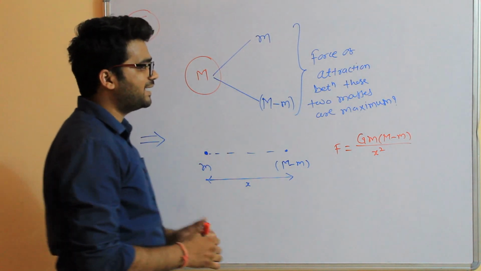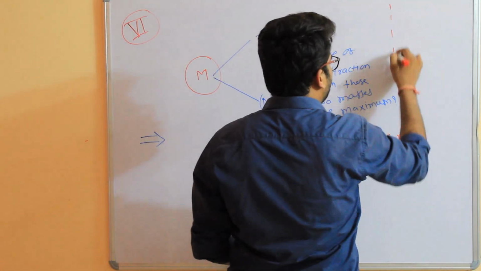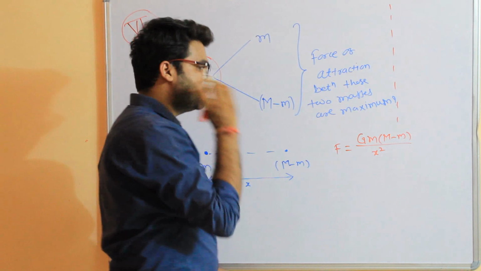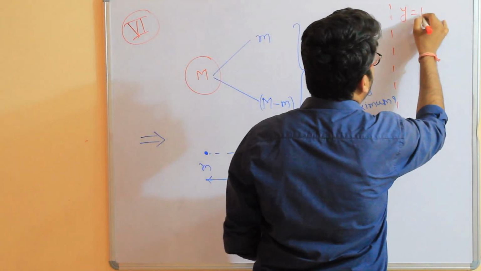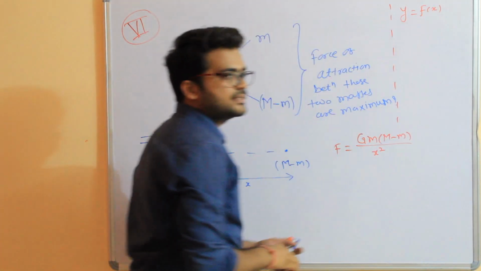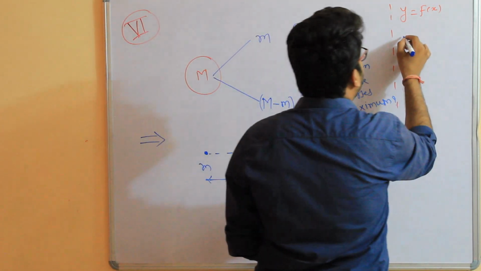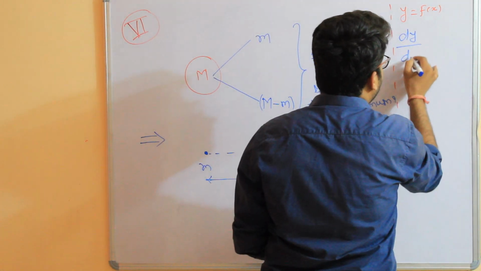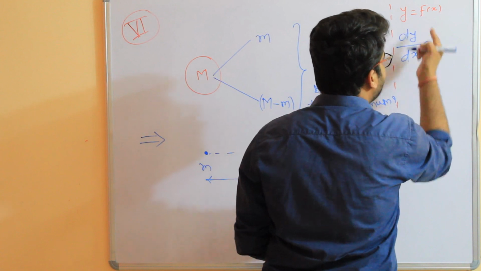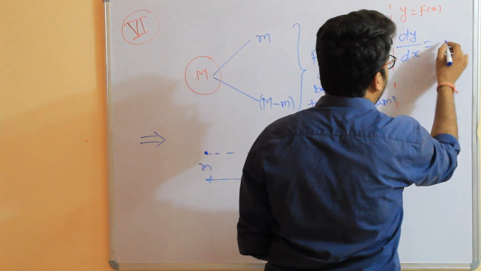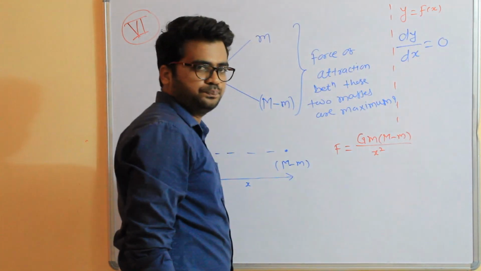So for maxima, let us suppose we have the function y is equal to f of x. For maxima, we have to differentiate this function, that is f of x, with respect to x and equate it to 0.